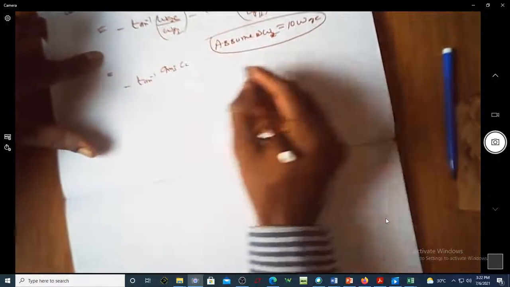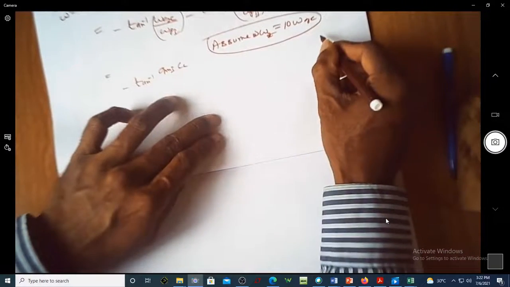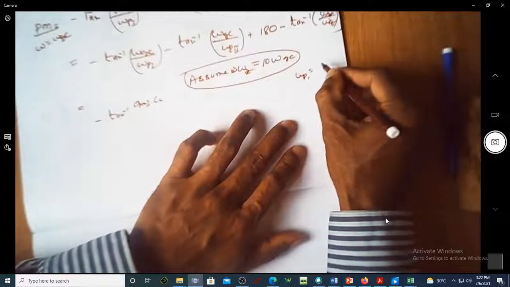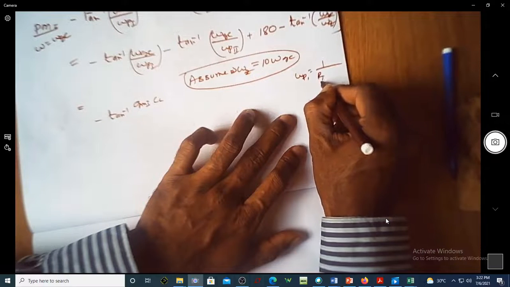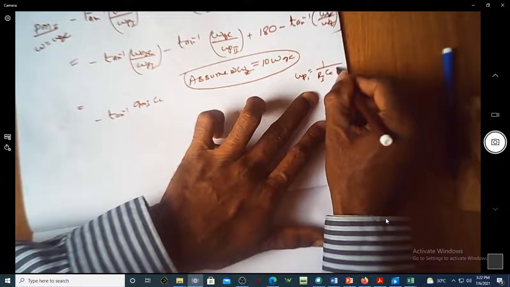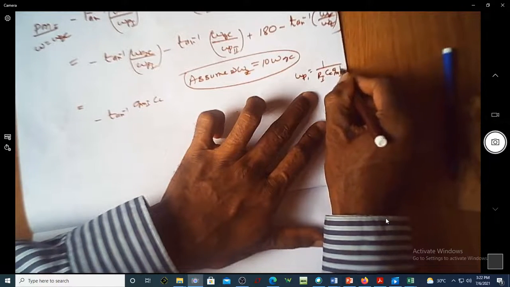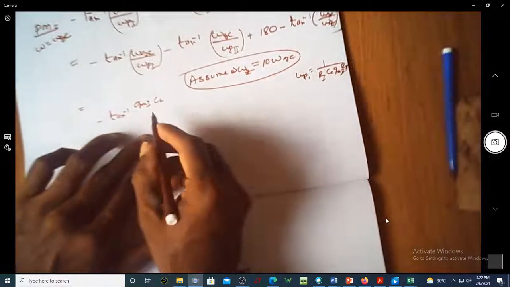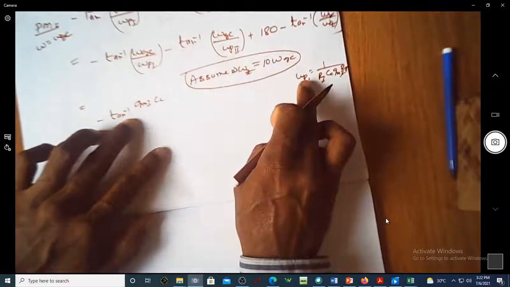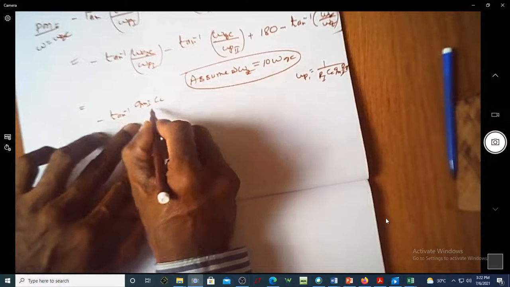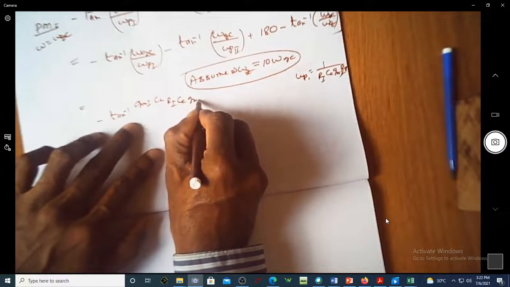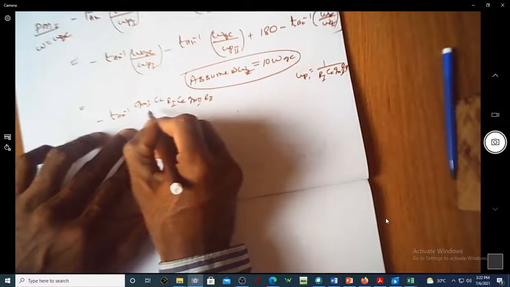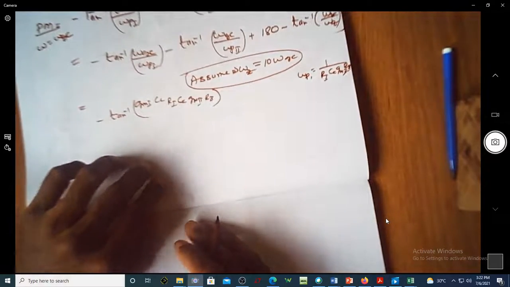We know that omega p1 is 1 over R1 CC GM2 R2. Since it is 1 over, I can write it as R1 CC GM2 R2. So this is the expression.